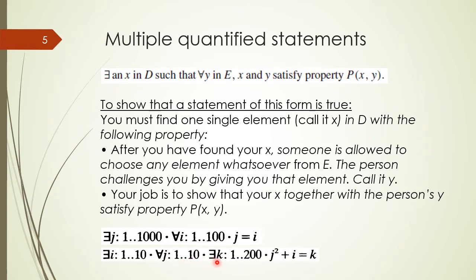Then we have an existential quantifier on first 200 positive integers, and the predicate is j square plus i is equal to k. j is a variable declared on the domain of first 10 positive integers, i is a variable declared on the first domain of 10 positive integers, and k is a variable declared on the last domain of first 200 positive integers.